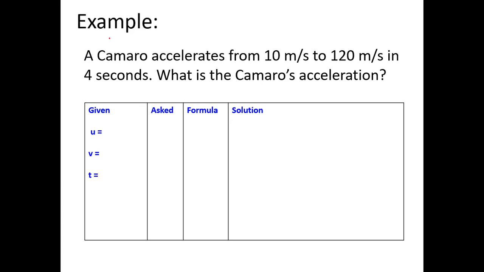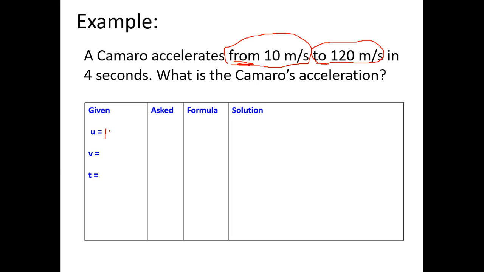All right. So the third example says a Camaro accelerates from 10, so again, here's the word from, 10 meters per second to 120 meters per second. So let's try to look at the given. Now, of course, the given 10 meters per second should be your beginning speed because again of this word from.